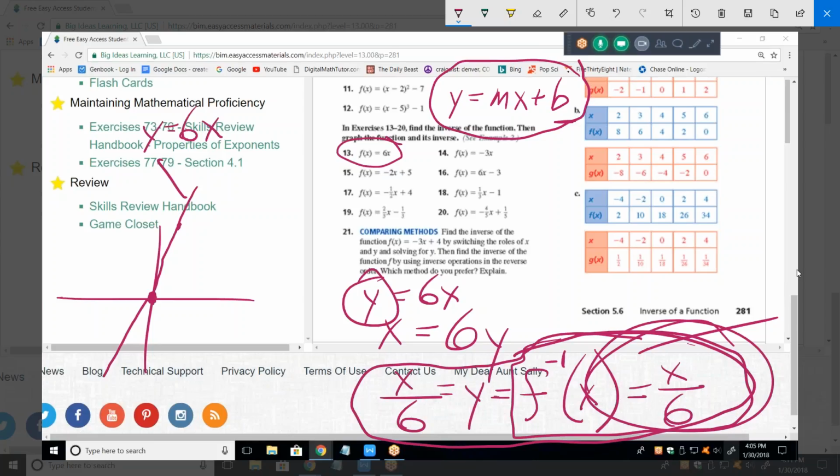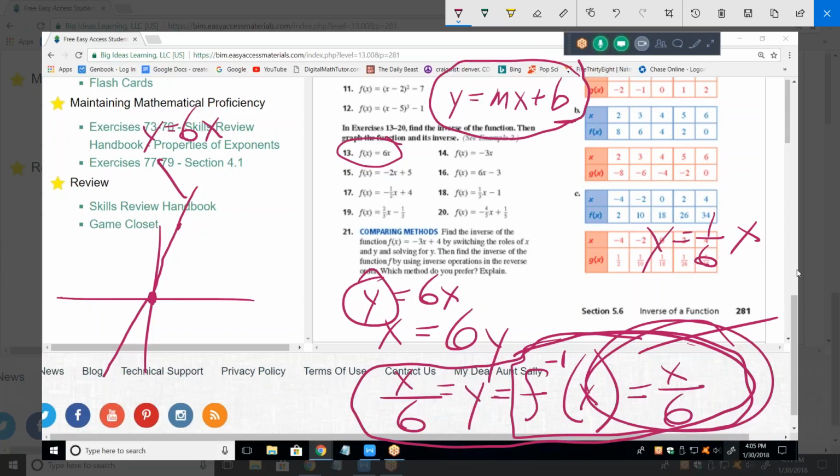What's the slope? 6/1. No, it's not 6/1. That was the slope of the first function. This function is y equals 1/6 x. Different function, totally. So what's the slope? Up 1/6. Okay.